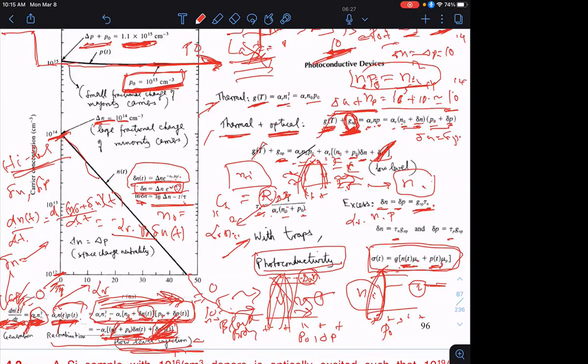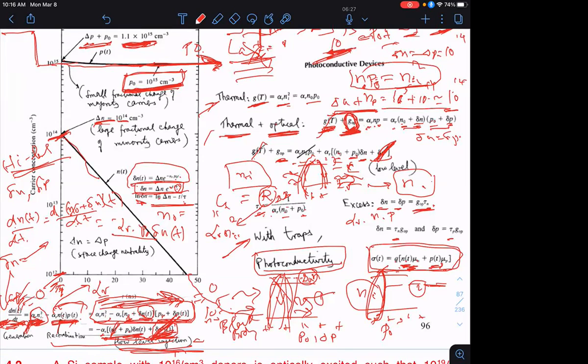A simple example would be in your garage door opener, where you have a piece of semiconductor at one end and a laser at the other end. When the laser light shines on that semiconductor bar, it changes its conductivity and it triggers a circuit, and the garage door can stay open. But if you interrupt that light, for example, by standing in the path of the laser beam, the number of electrons and holes that are photogenerated in that semiconductor detector on the other end goes down.